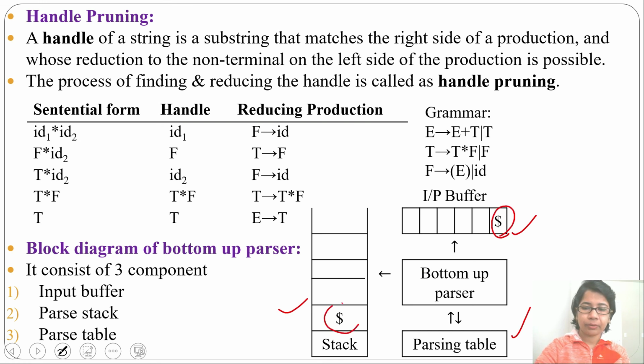The stack starts with the dollar symbol. The bottom-up parser uses the parsing table to check whether an input string can be parsed. For every bottom-up parser, the parsing table will be different, but the stack and input buffer will be the same.